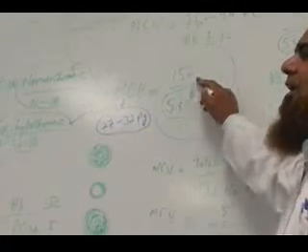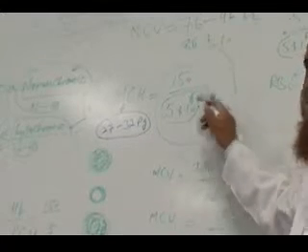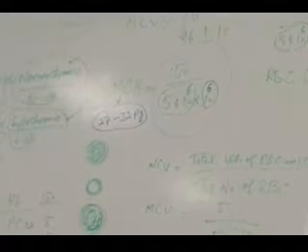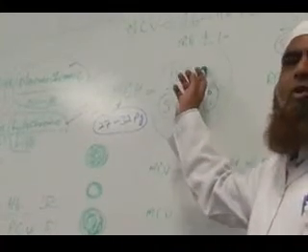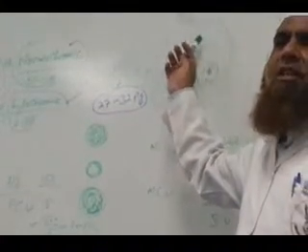This will be 150 gram per liter. Clear? Yes, it's clear. 1 deciliter is 1/10 of 1 liter, 10 deciliters is 1 liter. So 150 is the total hemoglobin present in 1 liter of blood.